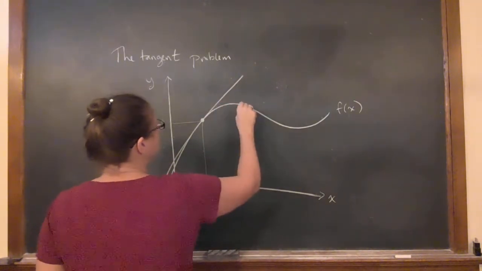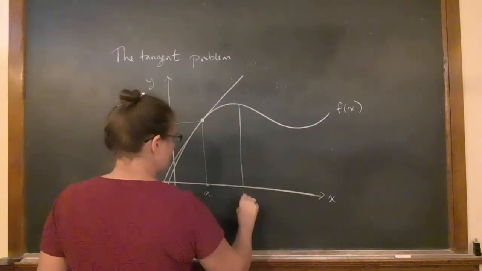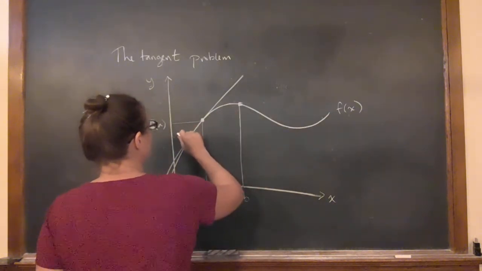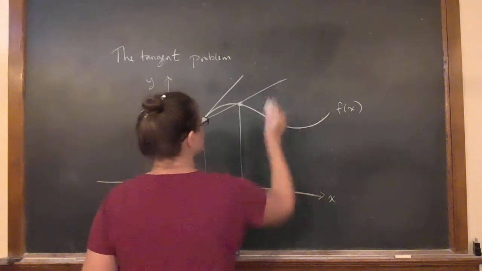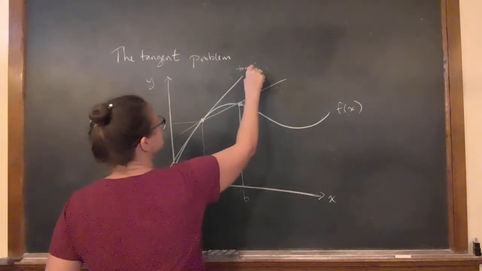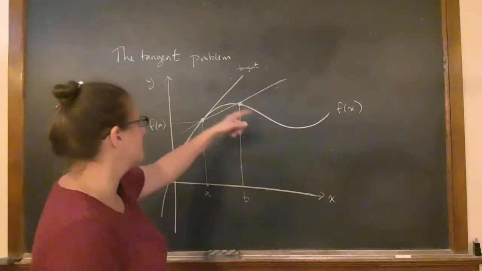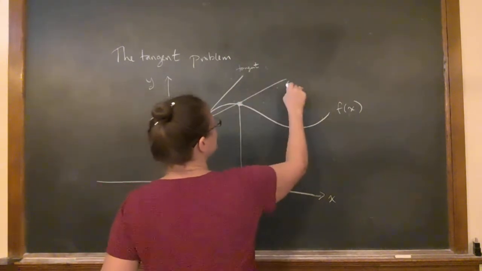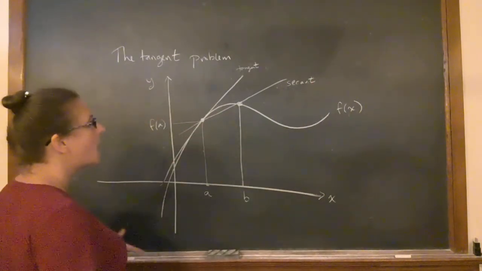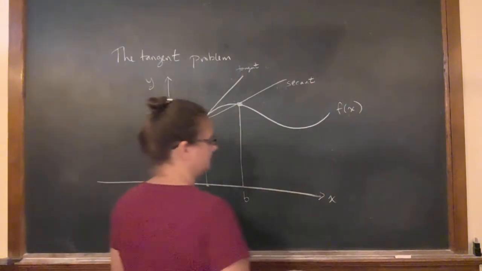Forget this one for a moment. I'm going to take another one, call this B, and I'm going to draw a different line. Okay? So this is the tangent line. And what do I call this other one that goes through 2 points? I call it a secant line. And for this secant line, I can easily find the slope.